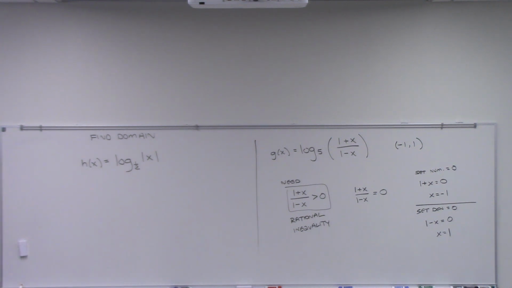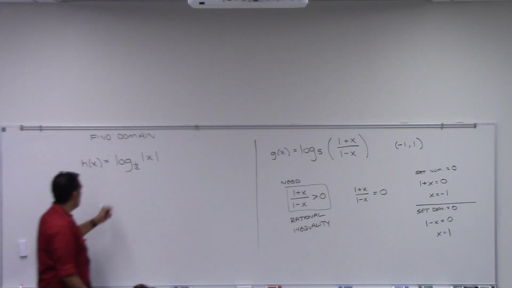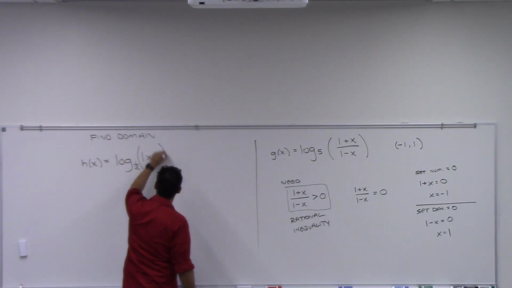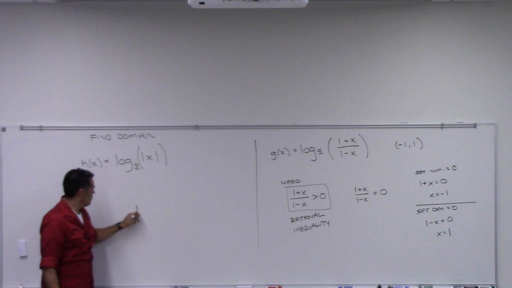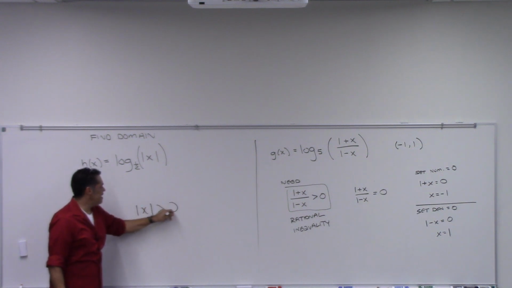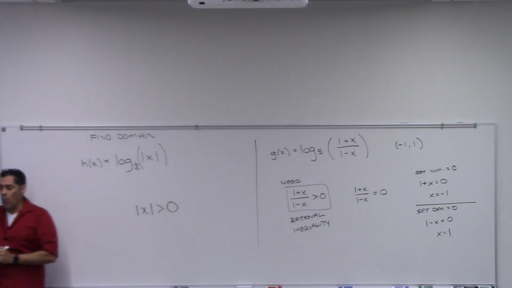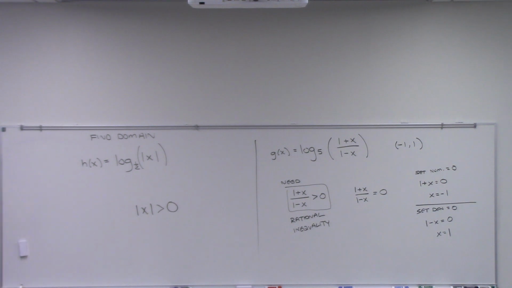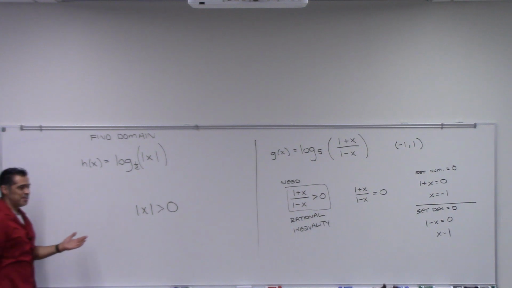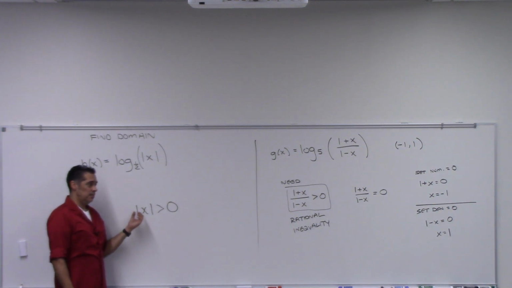What has to happen with the log? This right here, whatever's in here, must be what? Positive, right? Is the absolute value of x always positive? Yes? Careful? There's one place it's not positive. At 0. Right? What's the absolute value of 0? 0.